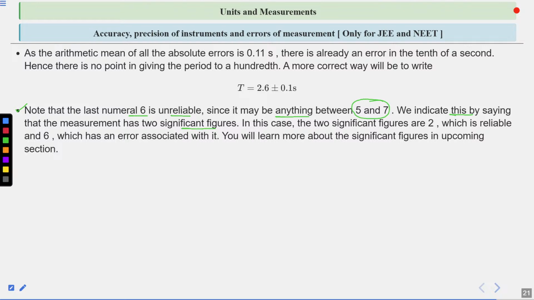In this case, the two significant figures are 2, which is reliable, and 6, which has an error associated with it. About significant figures we will learn in an upcoming lecture.